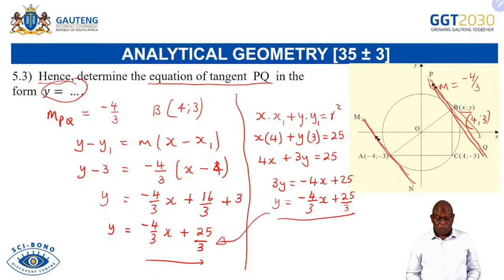Okay, so you can use any of those two methods. Please, in the exam, we don't want you to write two methods. You write one that you are sure of. Remember, if you write two methods, then they are only going to mark the first one. And you find that the first one is the one that you made a mistake in, and the second one was correct.